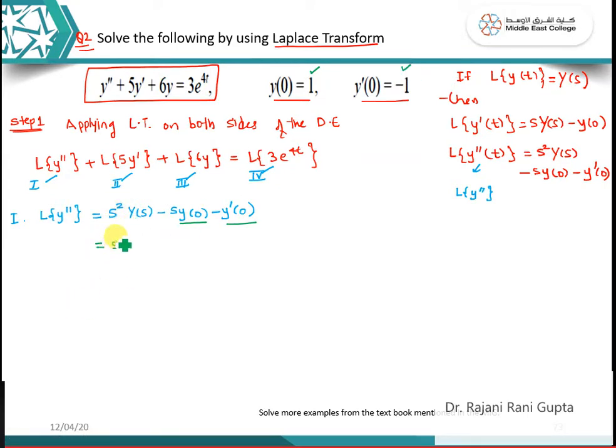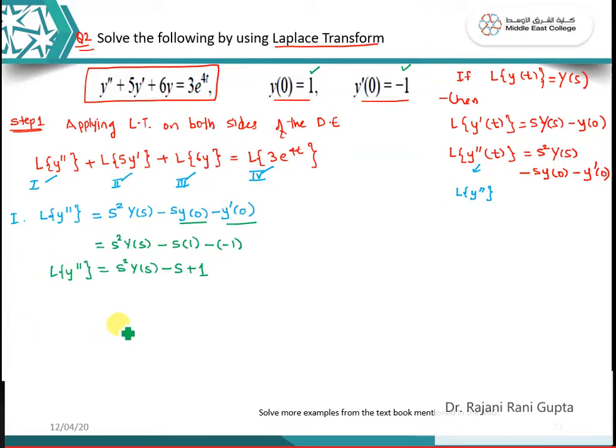It gives you s square Y of s minus s times y of 0, which is 1, minus y dash of 0, which is minus 1. So this gives you s square Y of s minus s, and minus minus becomes plus 1. So this is the value of L of y double dash of t.